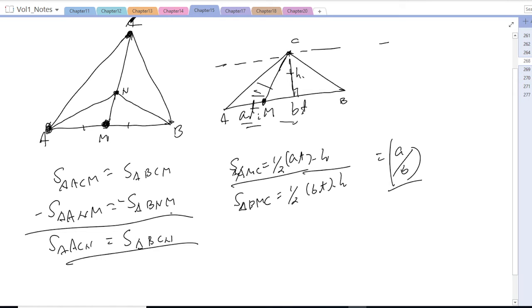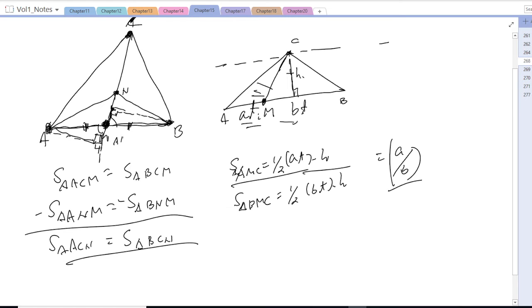BCN. But also, if these two sides are equal, and the distance from B to this CM line and the distance from A to the CM line are also equal, you can prove it using congruent triangles, because this side equals this side, and this angle equals this angle, 90 degrees equals 90 degrees.